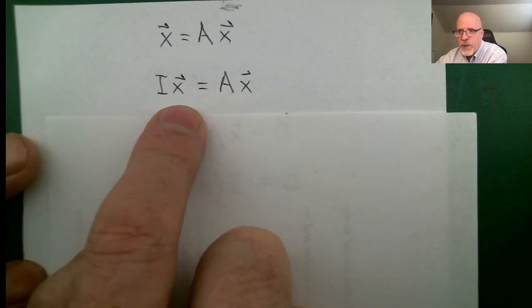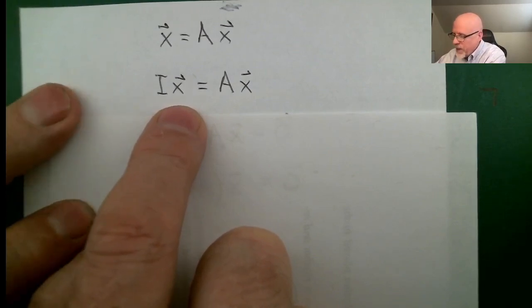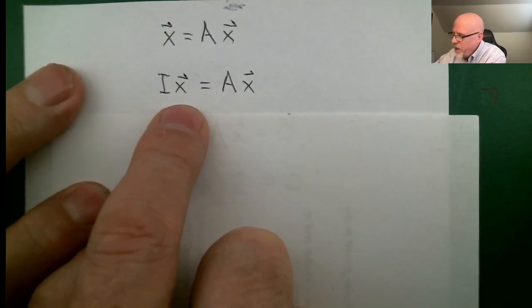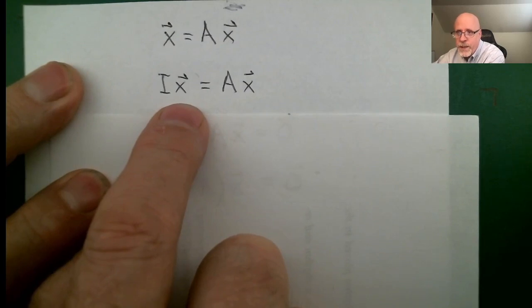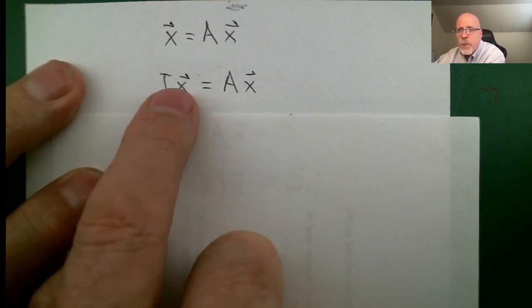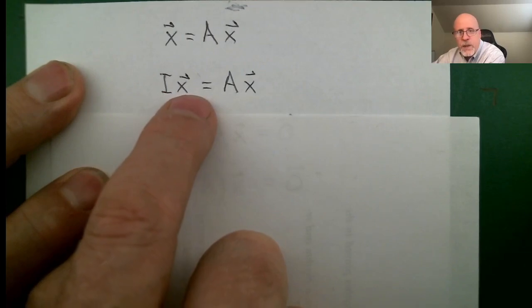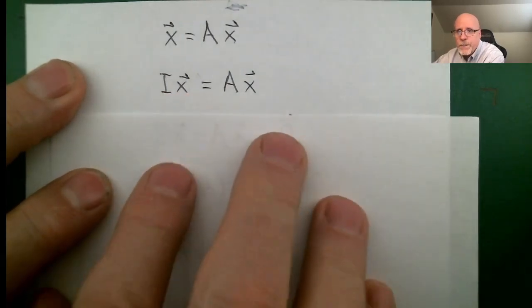That's called an identity matrix, and for matrix multiplication it acts the same way 1 does for regular multiplication. If you multiply 1 times some number, you just get that number. If you multiply I times some vector, it doesn't change that vector.